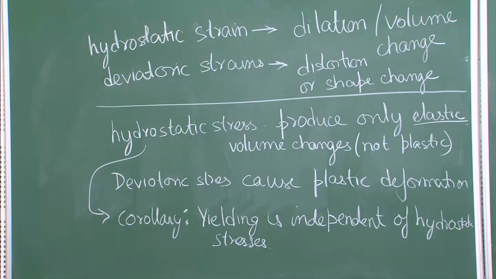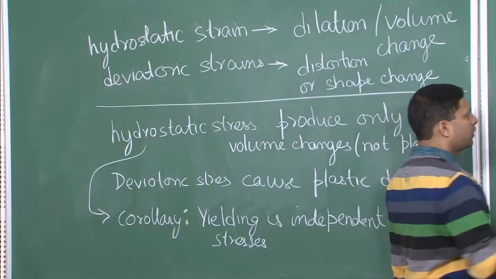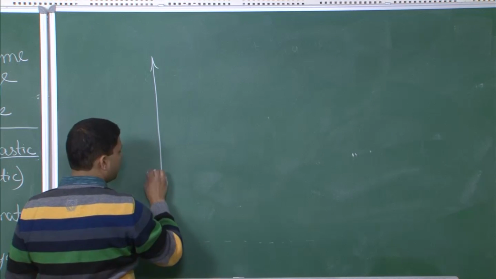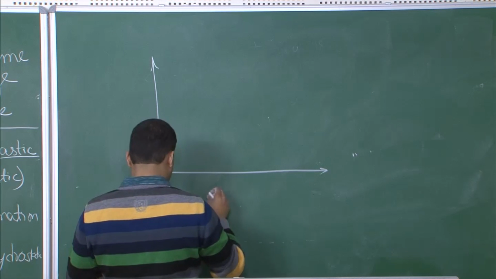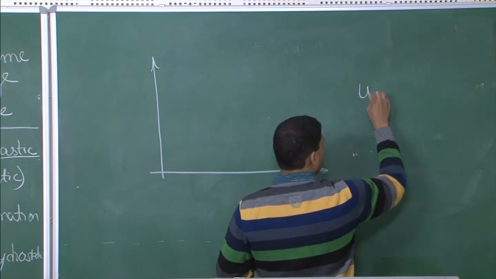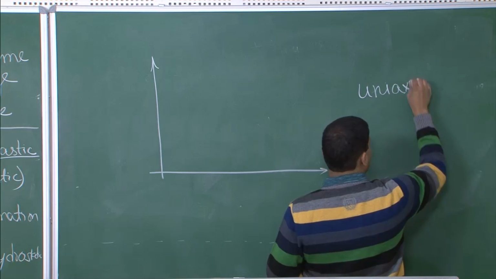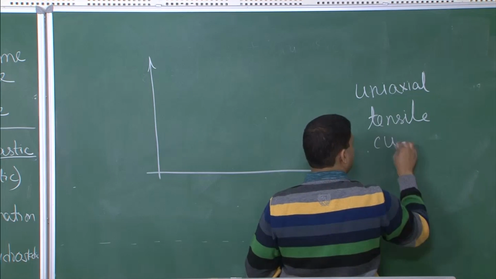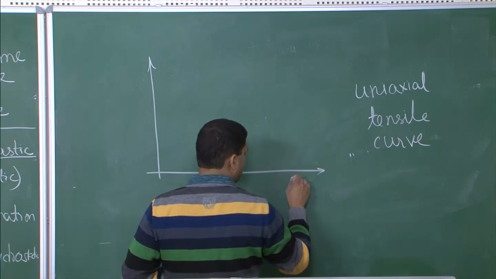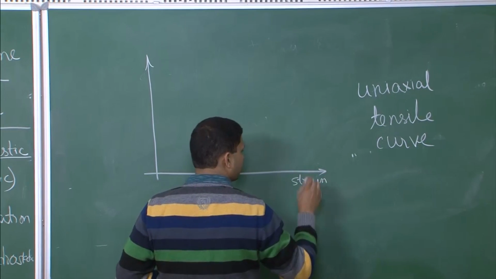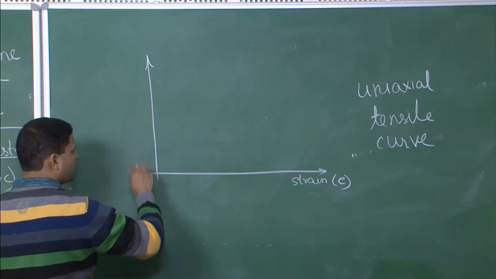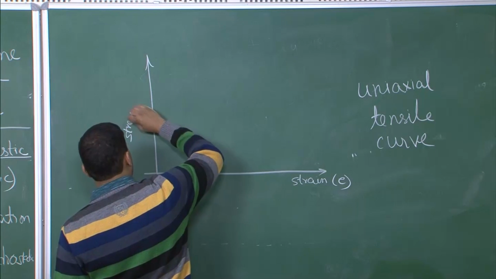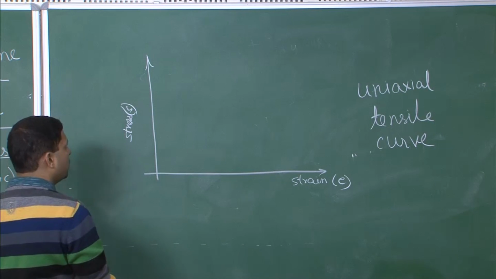We will start again with our simple understanding that we have built over the years from our high school and undergraduate knowledge, which is of a uniaxial tensile stress curve. On the x axis you have the strain, and on the y axis you have stress. And how does this plot look?